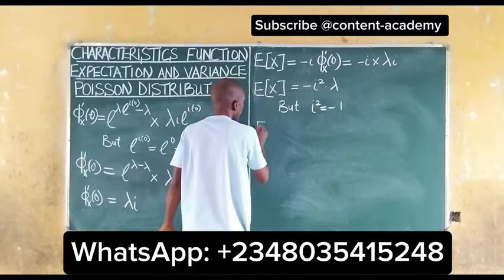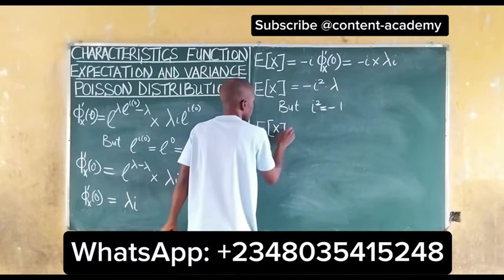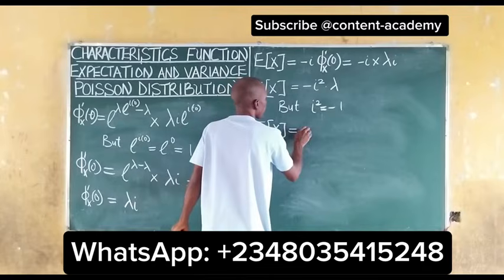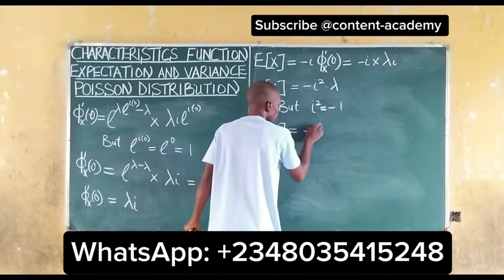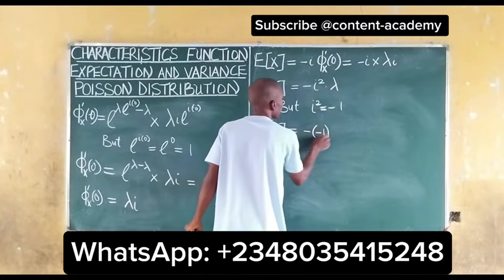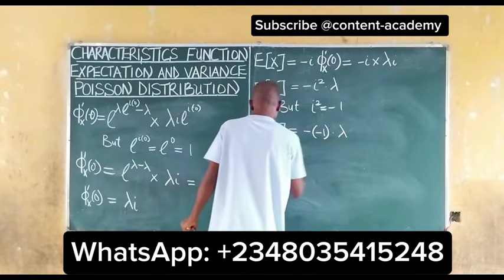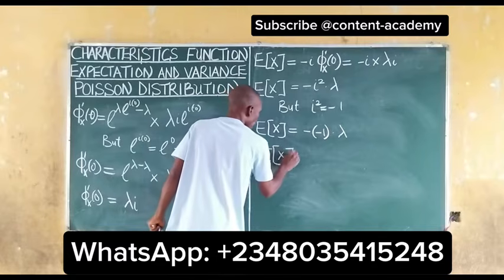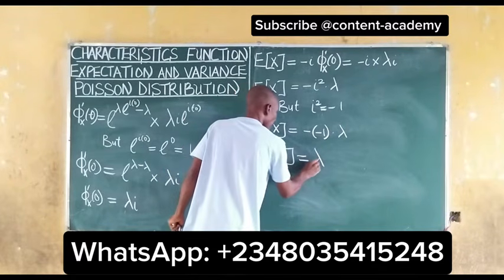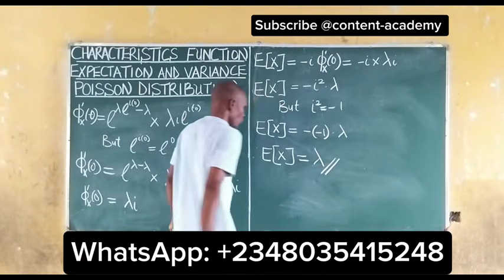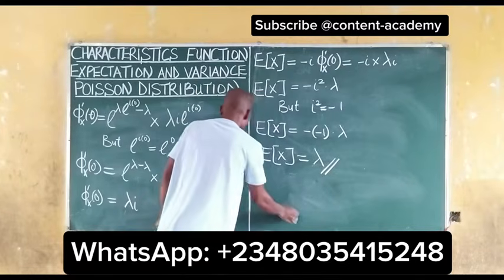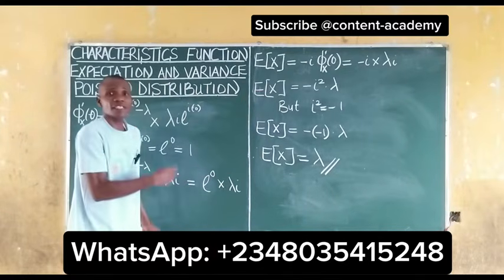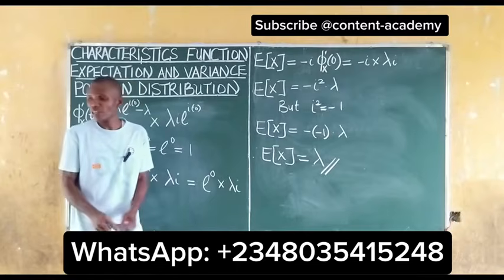So we have negative times negative 1 multiplied by lambda. Therefore, our expected value of x is equal to lambda. This is how we can obtain the expected value of x.